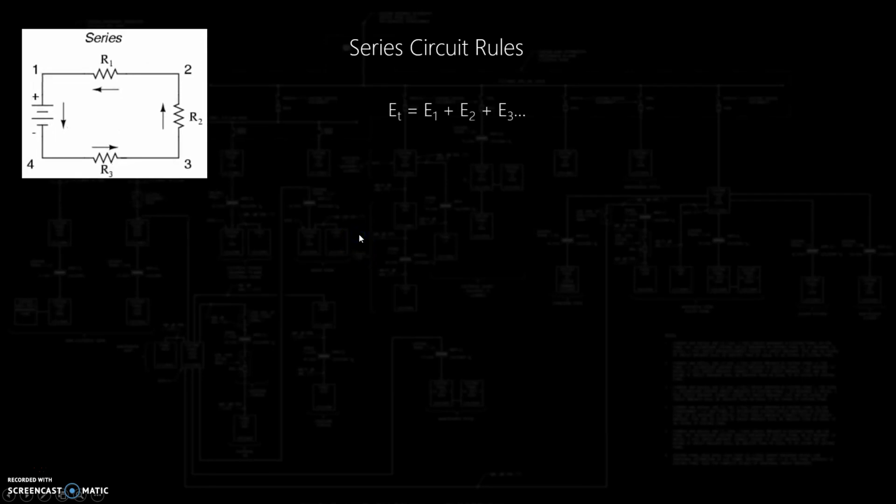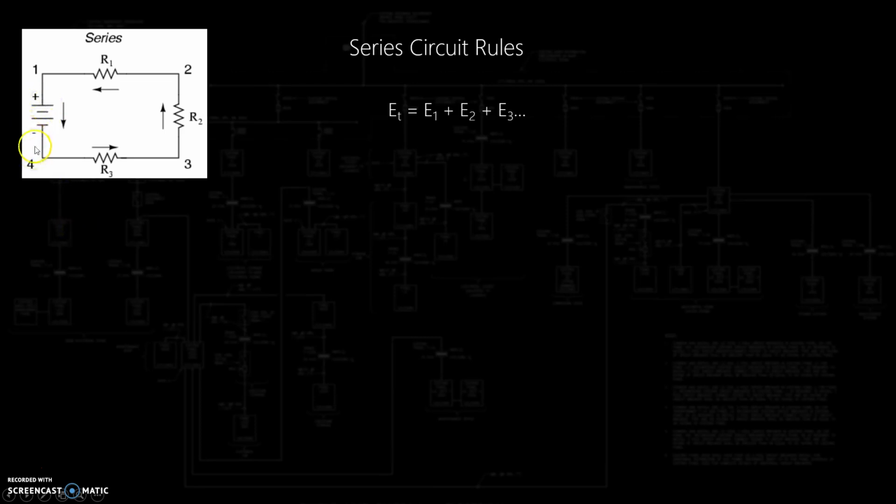So there are some rules we've got to learn about for series circuits. We have a rule for every one of our electrical measurements: voltage, amperage, resistance, and wattage. The voltage in a series circuit is additive. The way your textbook talks about this is each of these resistive loads is going to have voltage dropped across it. If you take a voltage reading here and here, and let's say it's a 120 circuit, you're going to read 120 volts.